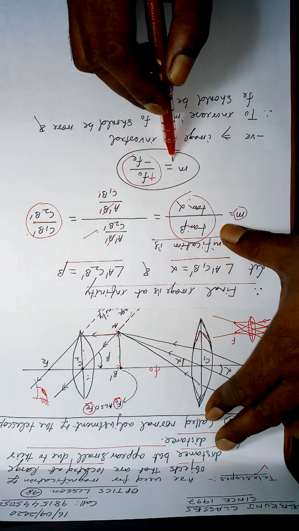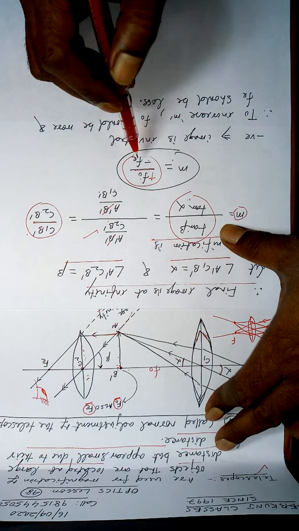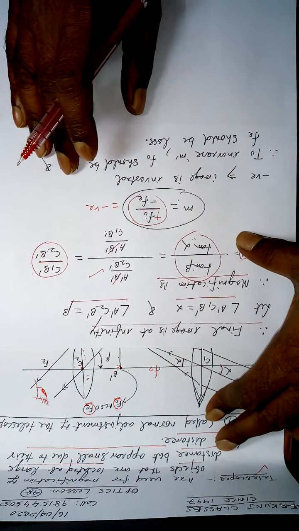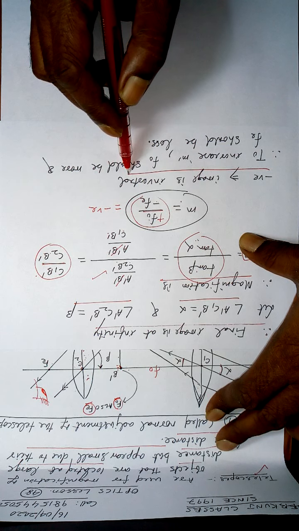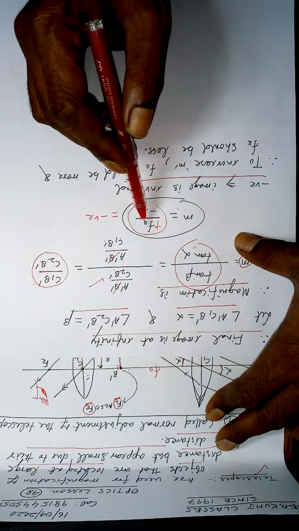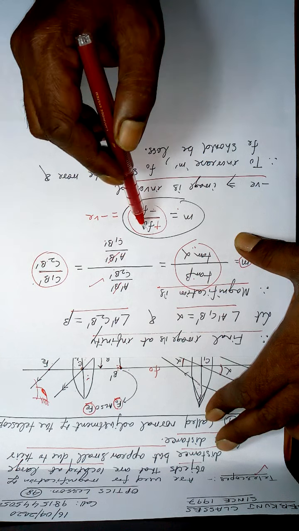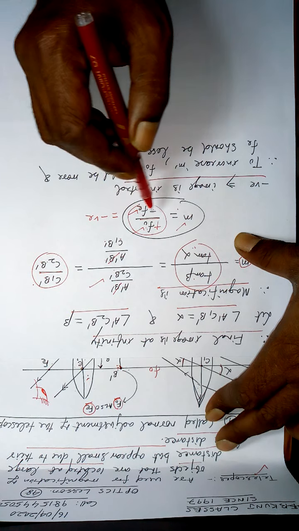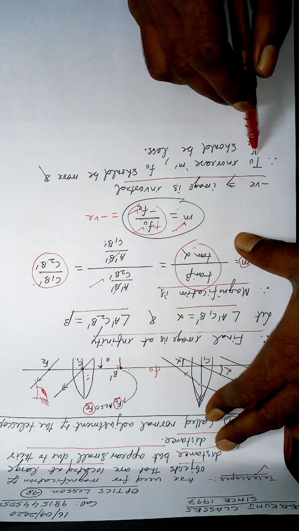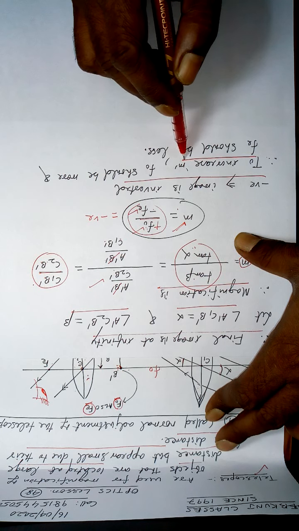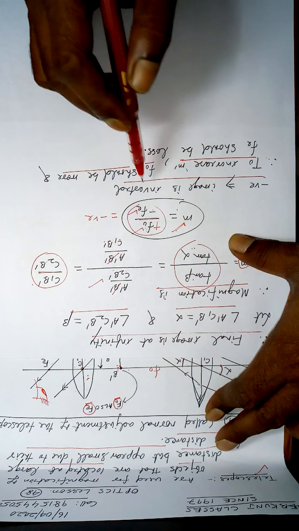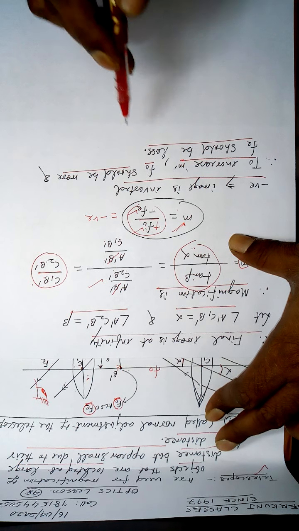So the magnification is FO over minus FE, which is overall negative. The negative sign indicates the image is inverted. Now this is a fraction. If you increase the numerator, magnification will increase. If you decrease the denominator, magnification will also increase. Therefore to increase the magnification M, FO in the numerator should be more, and FE should be less.